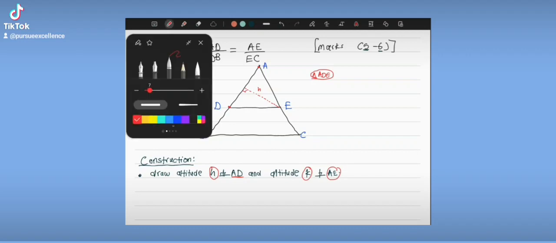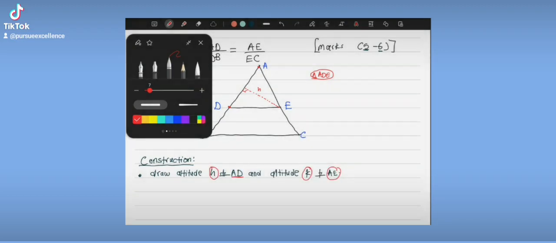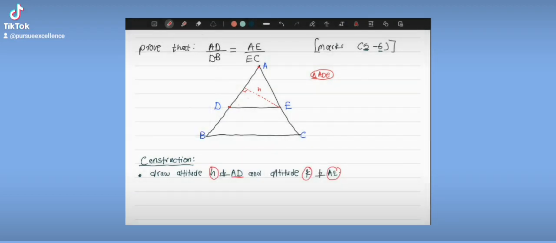So I'm going to draw it from the point D to the line AE.